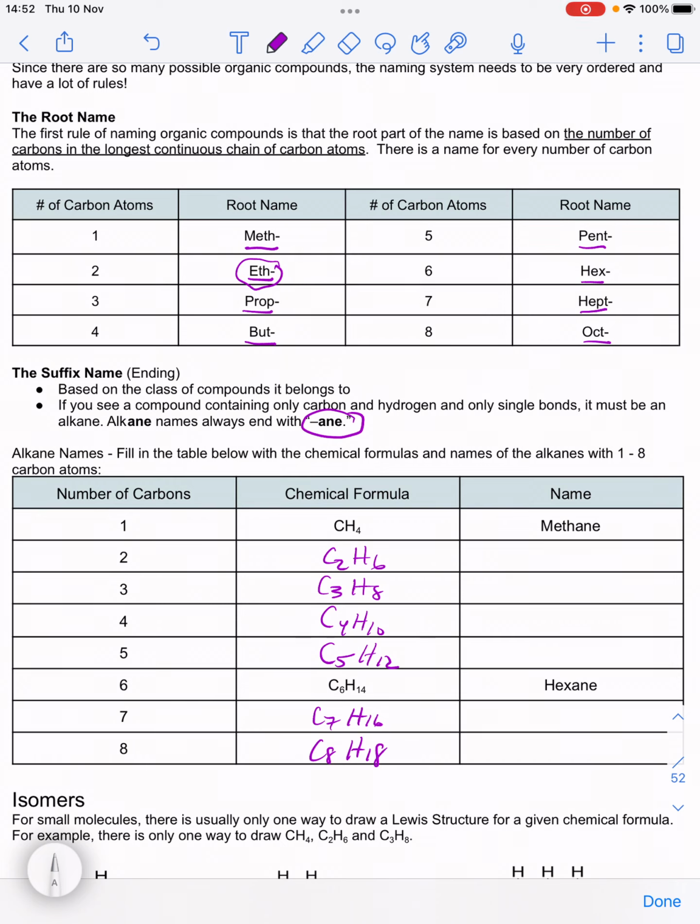So the first one was methane. The next one is ethane. So eth tells me the number of carbons, 2, and ane tells me that it's an alkane. Propane, butane, pentane, hexane, heptane, and octane.